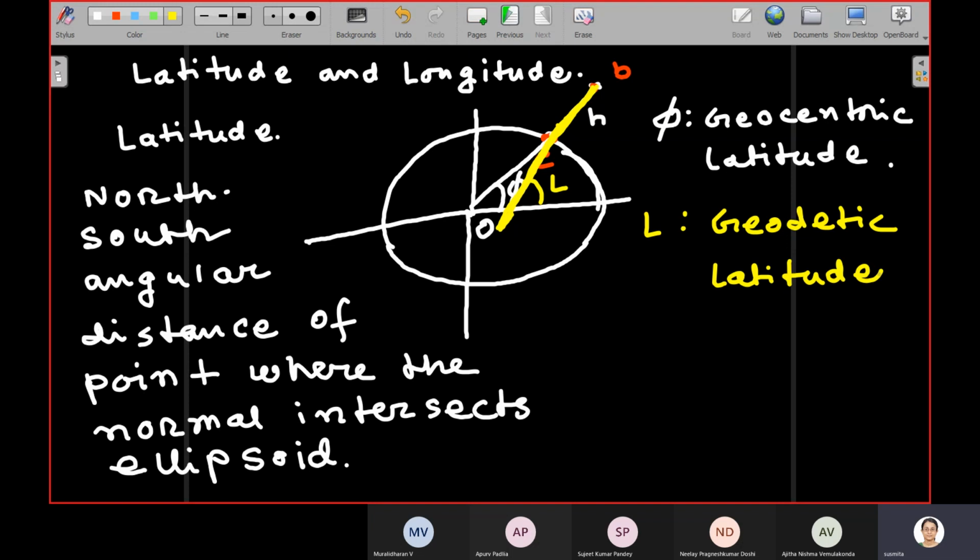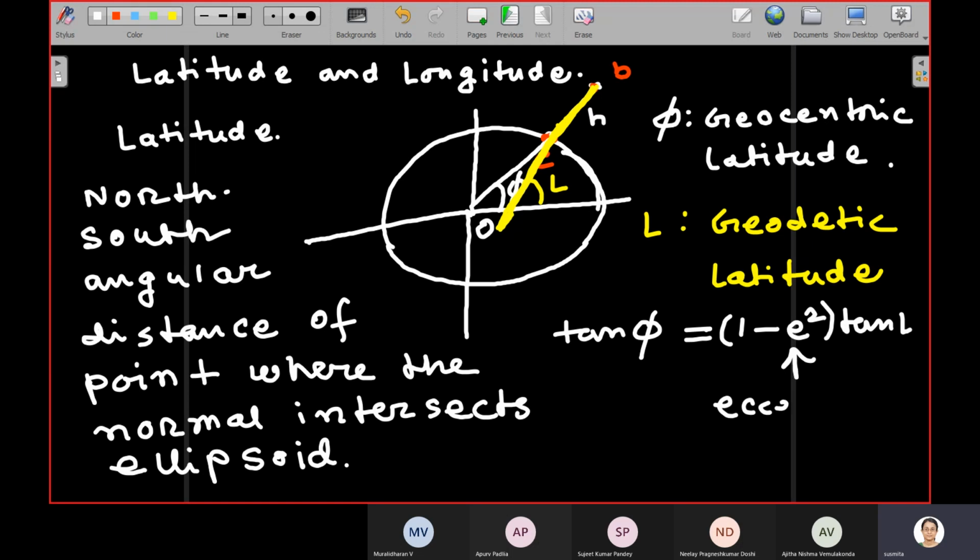Okay. Now, phi and L are related as shown, where E is the eccentricity. So WGS 84 standard gives us flattening, from which we can get the polar radius because we know the equatorial radius. And then using the polar radius and equatorial radius, we can find the eccentricity.